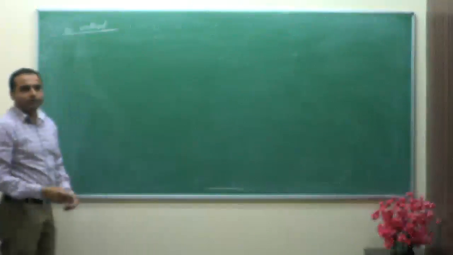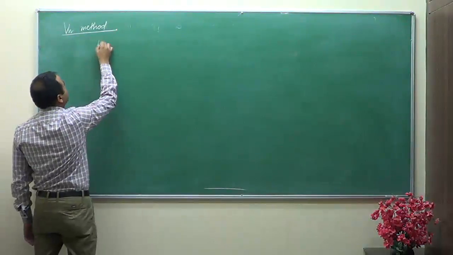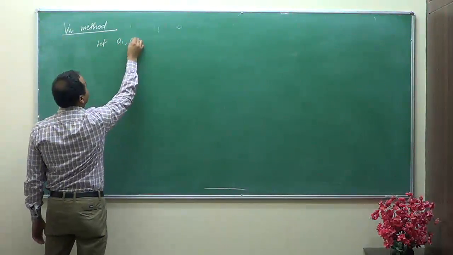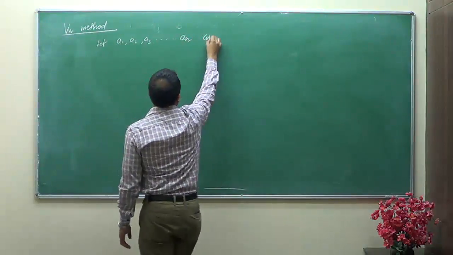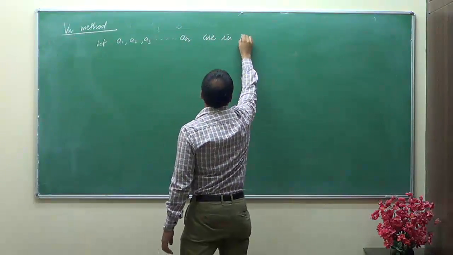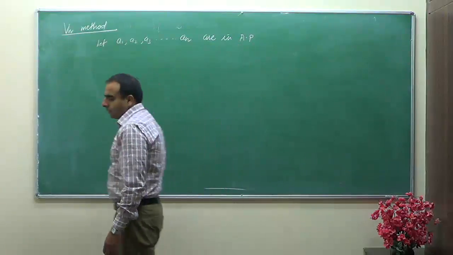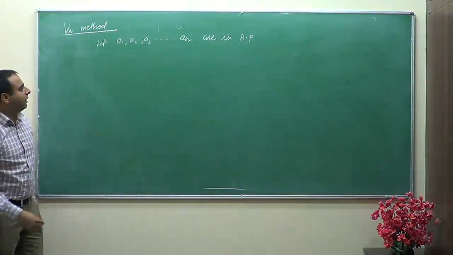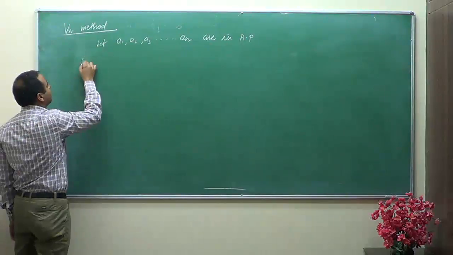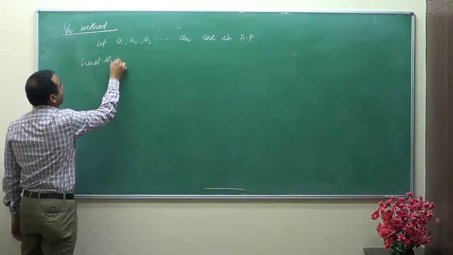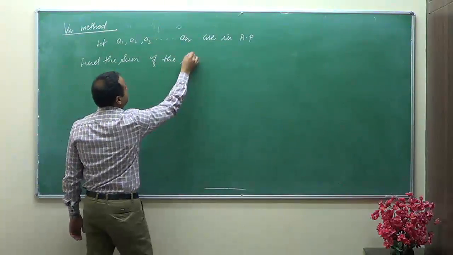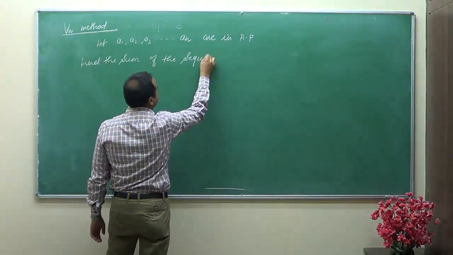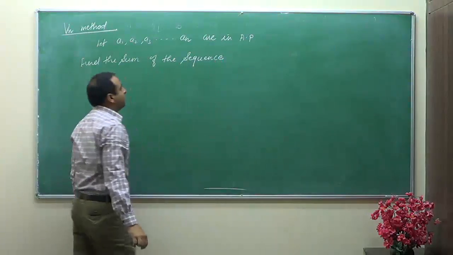VN मेथड देखिए क्या होता है. Let A1, A2, A3 up to AN are in A.P. and find the sum. Find the sum of the sequence.